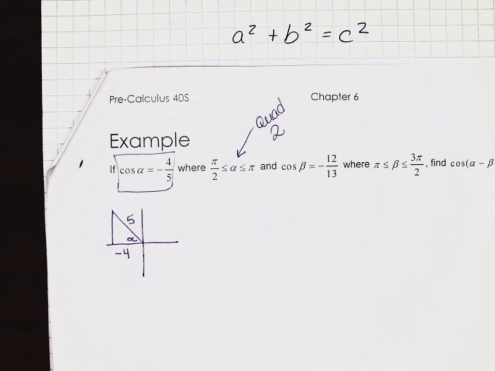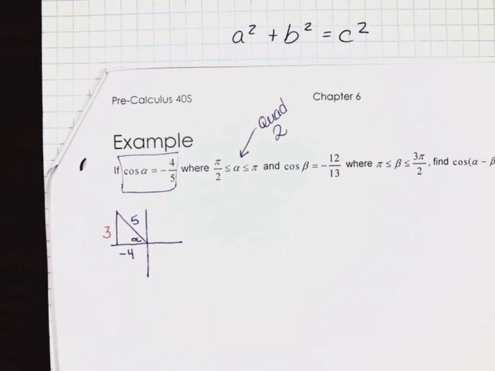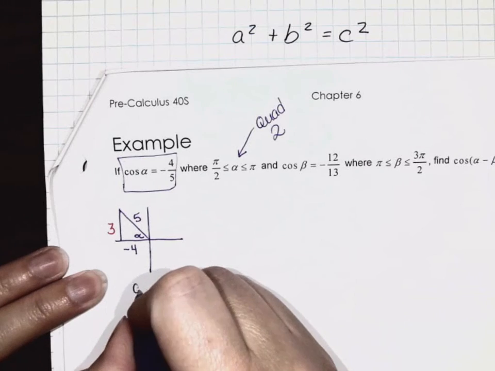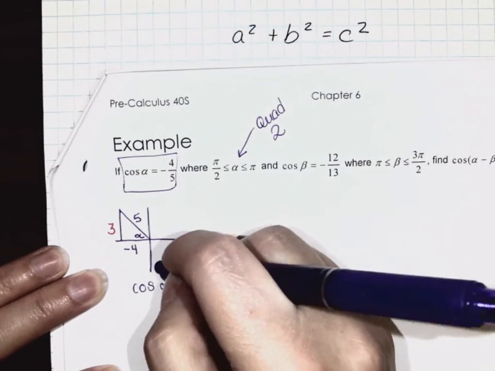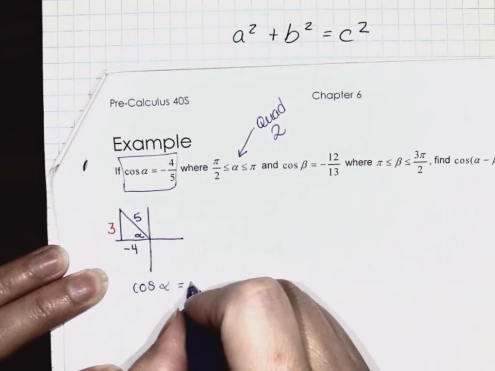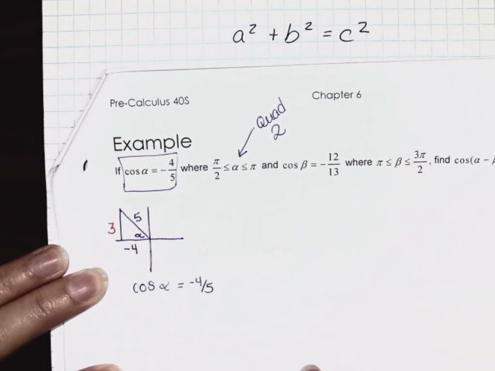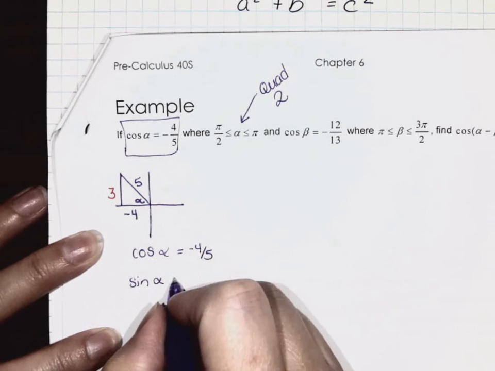I'm going to ruin your fun. Is it a positive 3 or a negative 3? It's positive, because you're in quadrant 2, so it should be positive. So we know from the question that cos alpha is equal to negative 4 over 5. What is sine alpha?